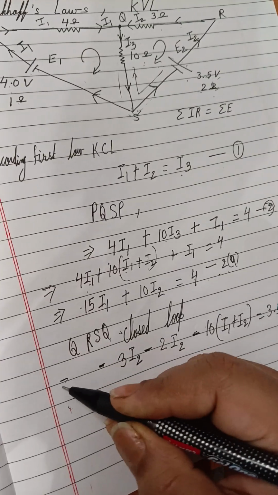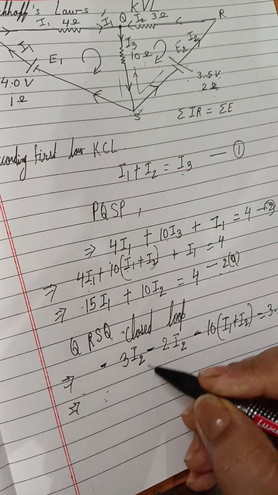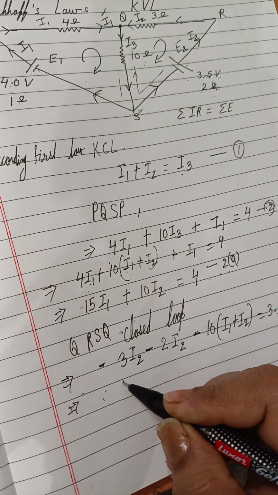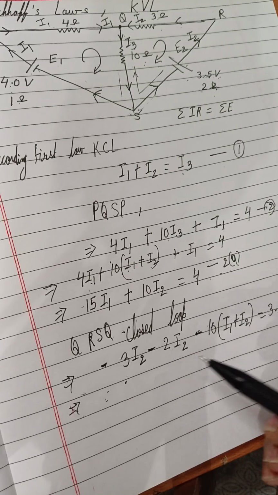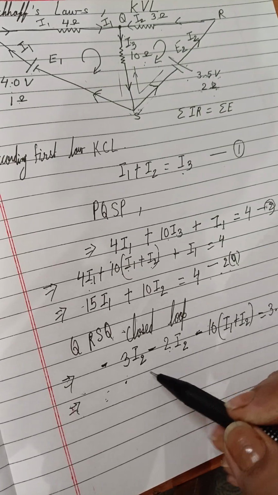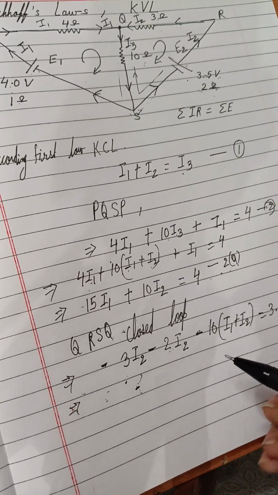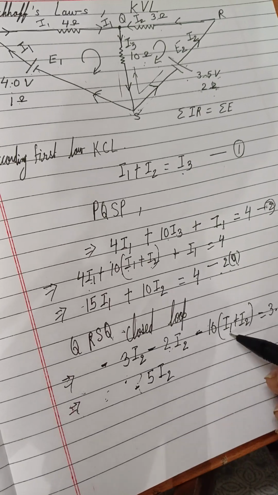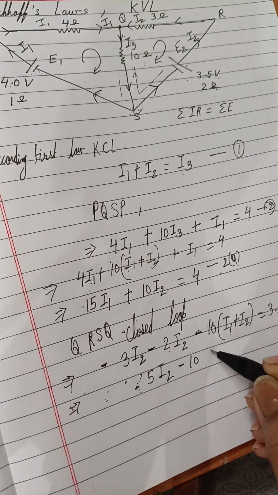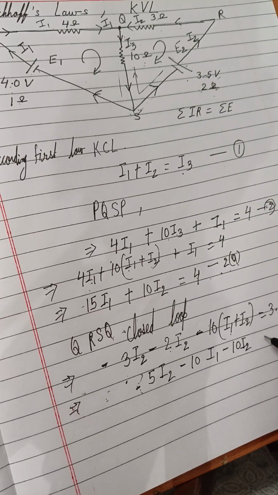and then you can solve this one. Okay, solve these equations. So while solving, we get 3 plus 2, but the sign is minus, and again you solve this one, minus 10I1 minus 10I2 is equal to 3.5.